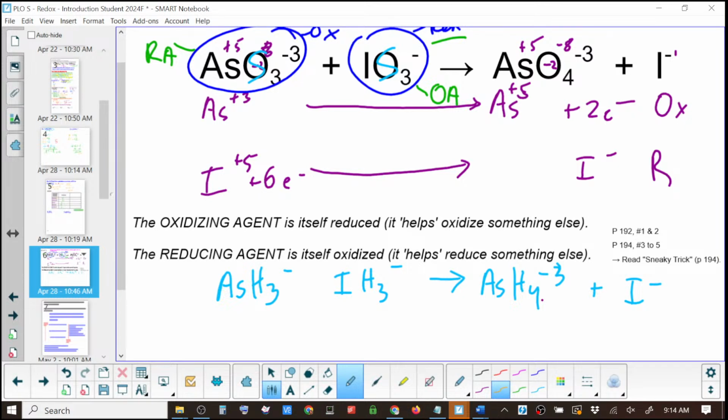Right, what's the charge of hydrogen? +1. Not in this case. Because hydrogen with a non-metal, that H is +1. But if it's with a metal, it's -1.